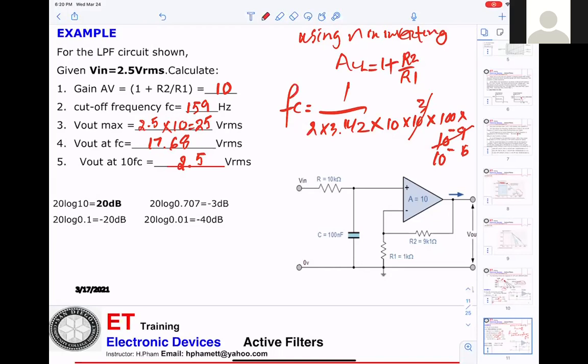I can't tell what it is. 2 times pi. Okay, 2 times pi times 10 times 10 to the 3rd power. Okay. Perfect. Thank you.